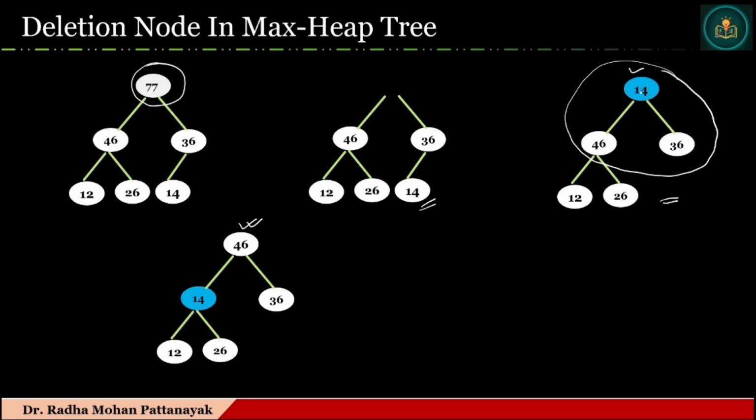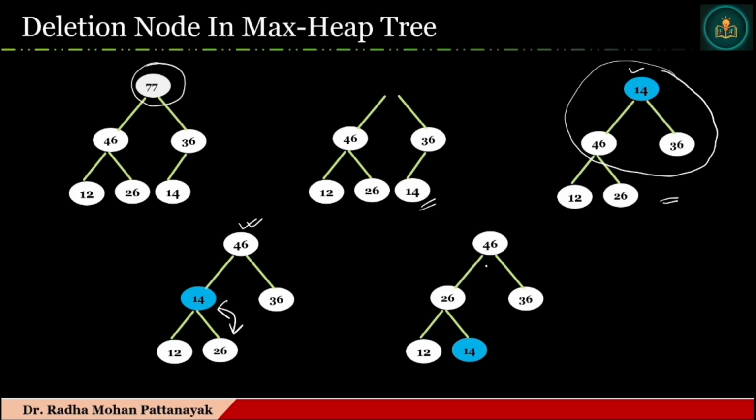So I swapped 14 with 46, so 46 becomes the parent and 14 becomes its left child. Then the problem is not solved here. Again you need to check whether 14 is greater than its child nodes or not. No, it is not greater than its child node. So what will you do? You need to make a swap between 14 and 26. 26 will become the parent and 14 will become its right child inside the tree.